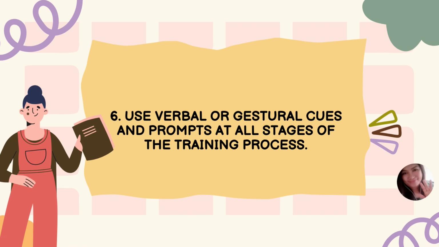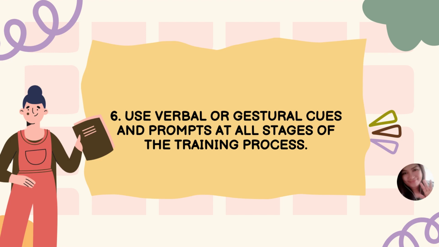Next, use verbal or gestural cues and prompts at all stages of the training process. In most cases, students with learning problems require constant assistance to achieve the final goal. Sometimes it is advisable to provide a particular cue for a difficult stage of the task.